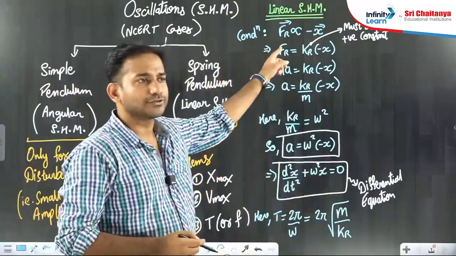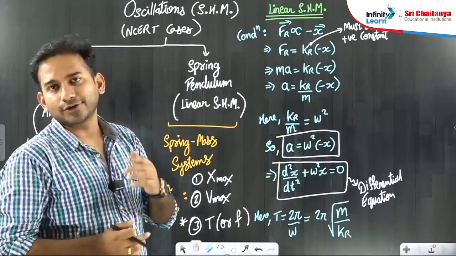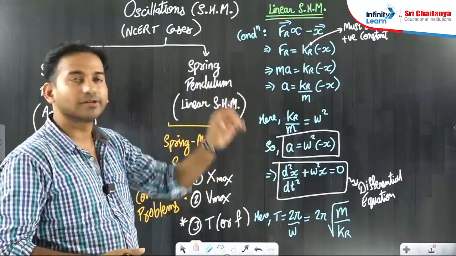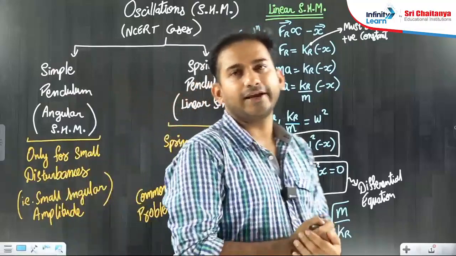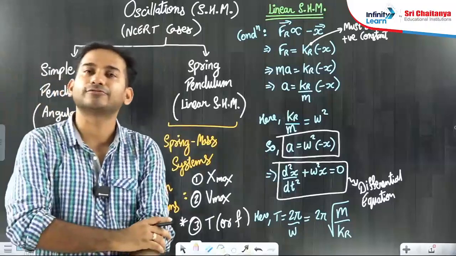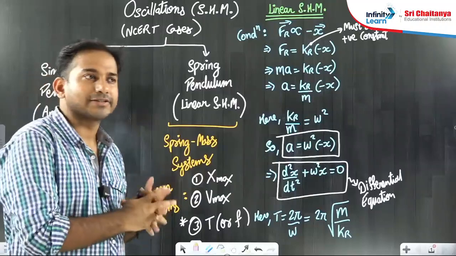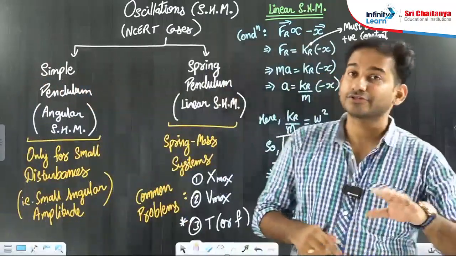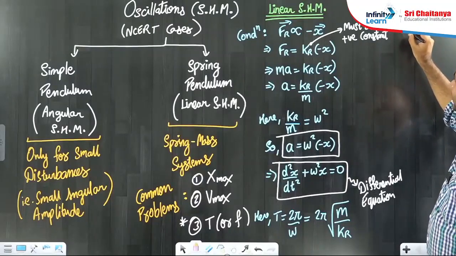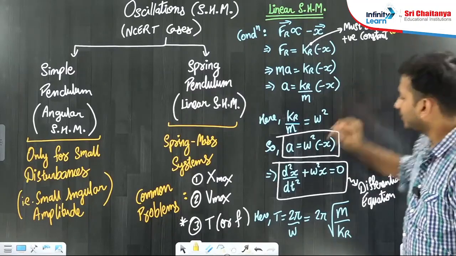If I am dealing with force in translational motion, whatever is the role played by force in translational motion, which physical quantity plays a similar role in rotational motion? Yes, that's torque.